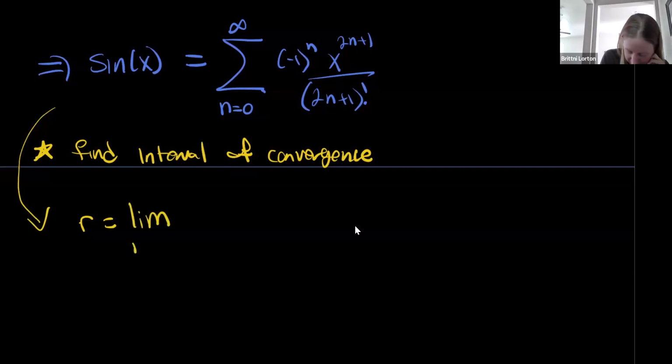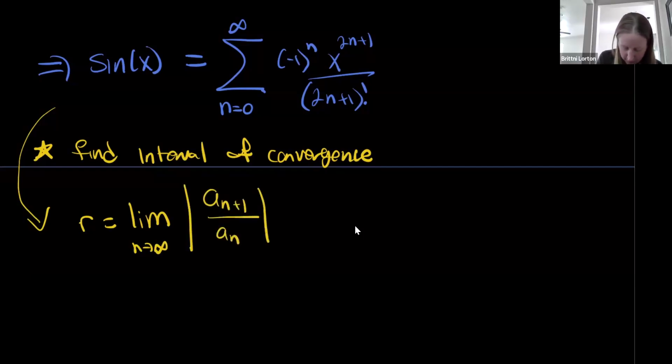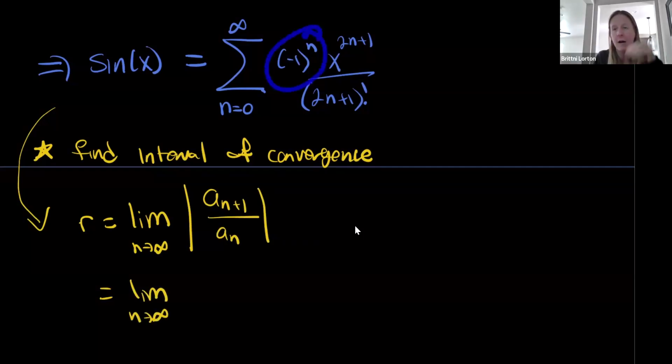The ratio test is the limit as n goes to infinity of the absolute value of a sub n plus 1 over a sub n. There is an absolute value, so from here on out for the rest of this problem, I get to ignore the negative, because the negative is gone. Everywhere else, I need to just plug in n plus 1.